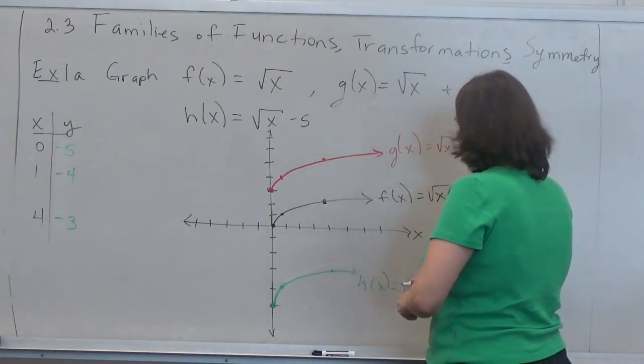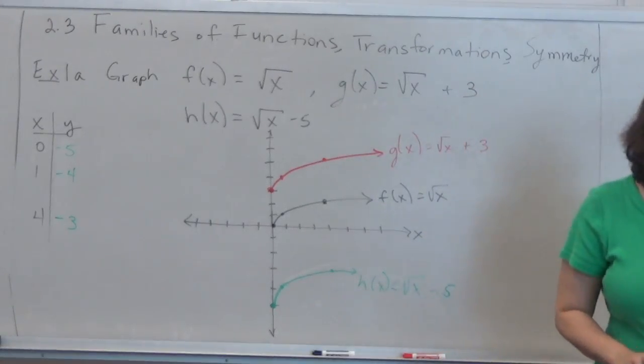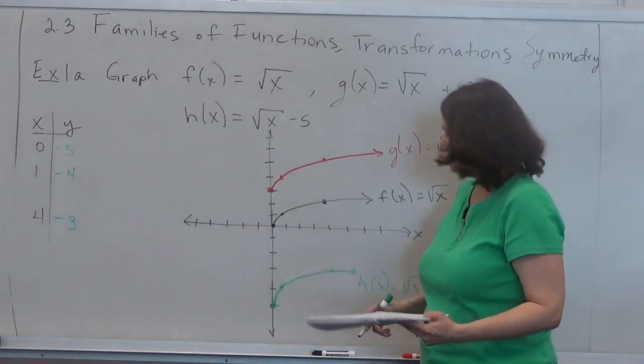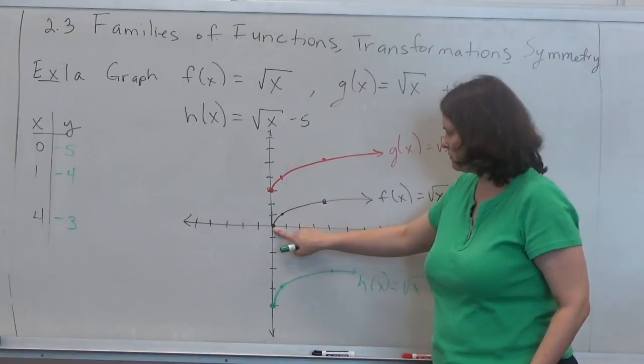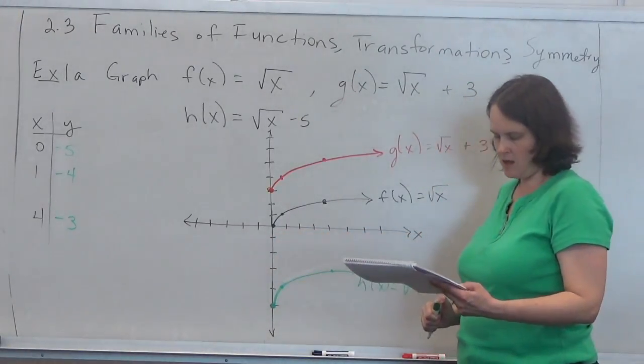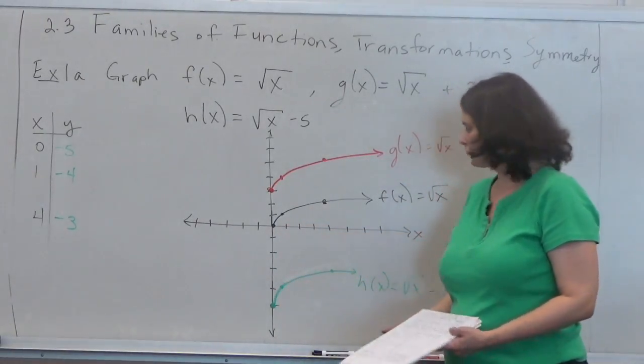So how can we answer the questions pertaining to the h of x function where we're subtracting 5? What's happened to the graph? Subtracting 5 from the original function shifted its graph how many spaces or how many units? It started at the origin and it went down 5 units, and it was shifted in a downward direction.